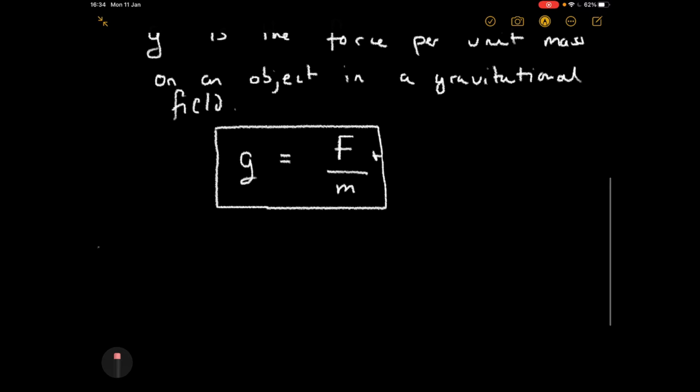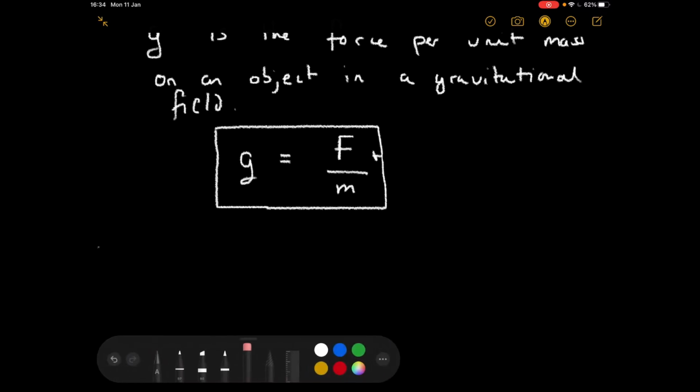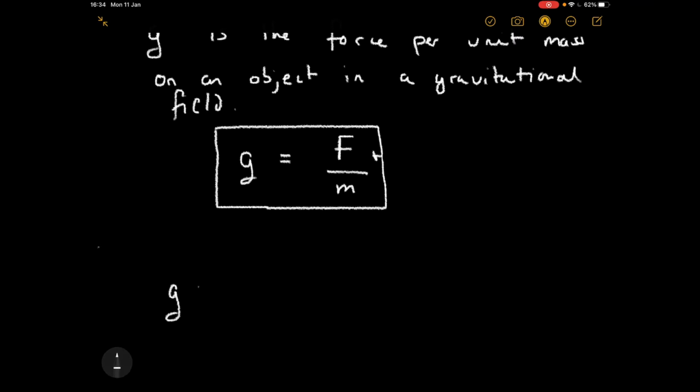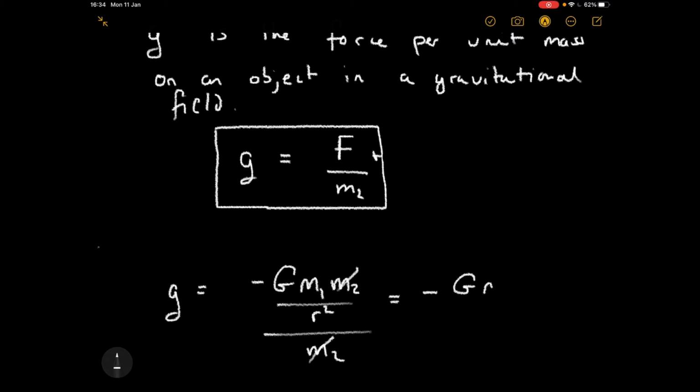But if we're going to think about it in terms of Newton's laws, we could actually put Newton's law in there, and so we'll get g is equal to minus G m1 m2 over r squared divided by the mass of the object, which I'm going to say is m2, because that's by convention the smaller object, over m2.